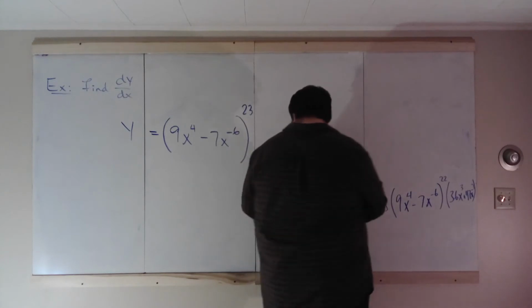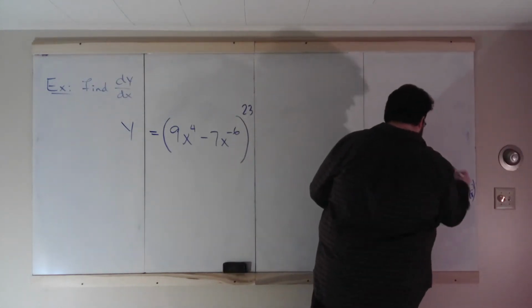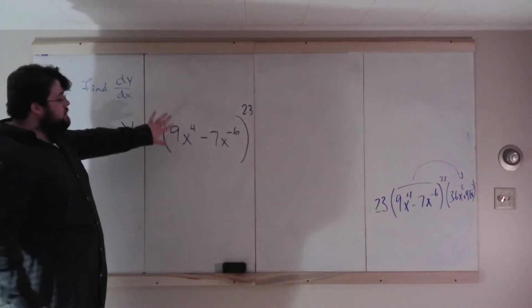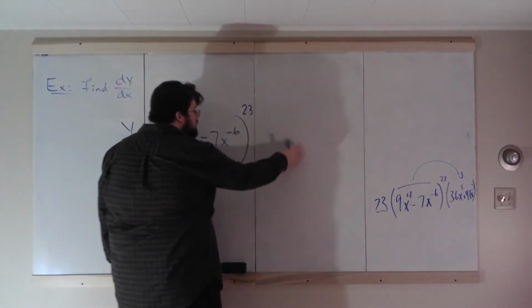But then you multiply by the derivative of the inside. So just given a thing to the 23rd, the derivative is 23 of them to the 22 times the derivative of the inside.